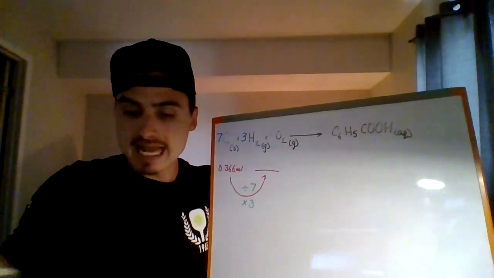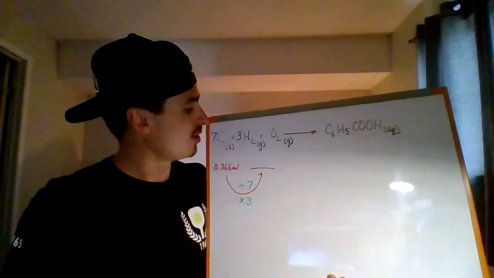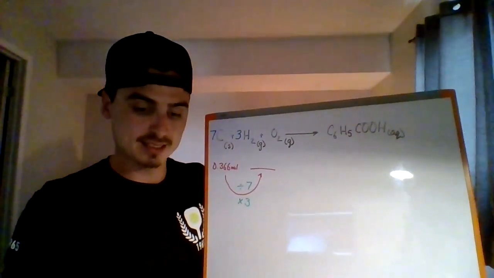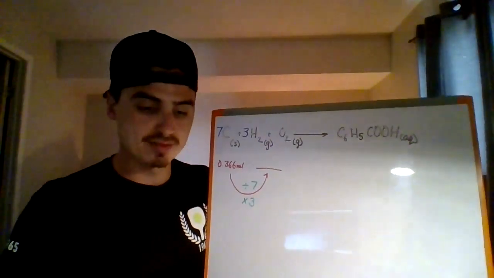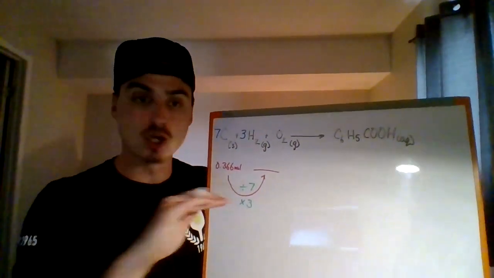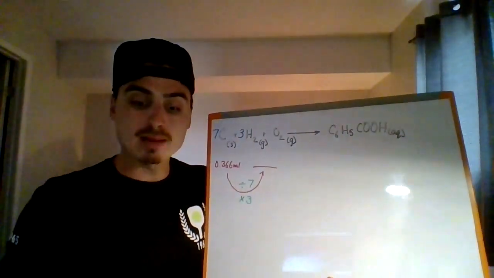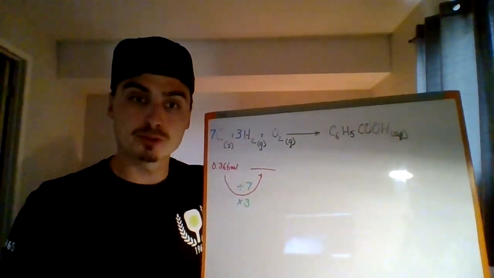So I'm going to take my snazzy calculator, because mental math is hard, and I'm going to do 0.366 divided by 7 equals a number. Don't write it, don't round it. I'm going to keep that in my calculator. And then I'm just going to hit times 3.